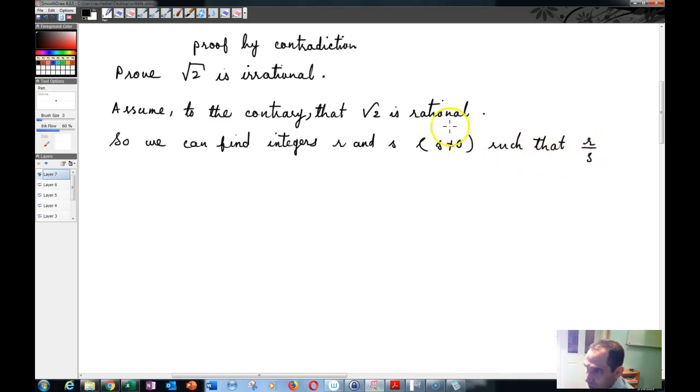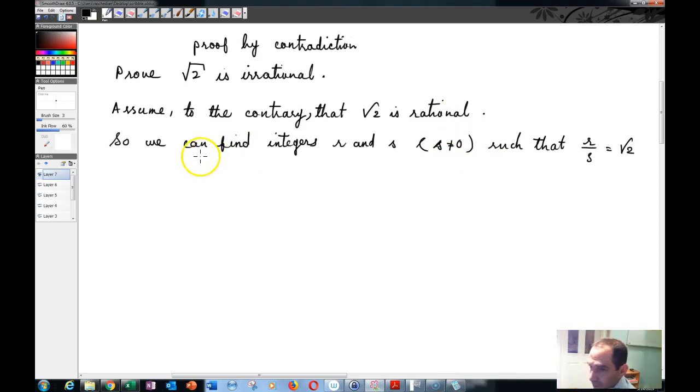That way you know that s is your denominator. If the square root of 2 is a rational number, then you can express it as a ratio of two integers, and the denominator, as you know, is not supposed to be equal to 0. So far we have no problems.